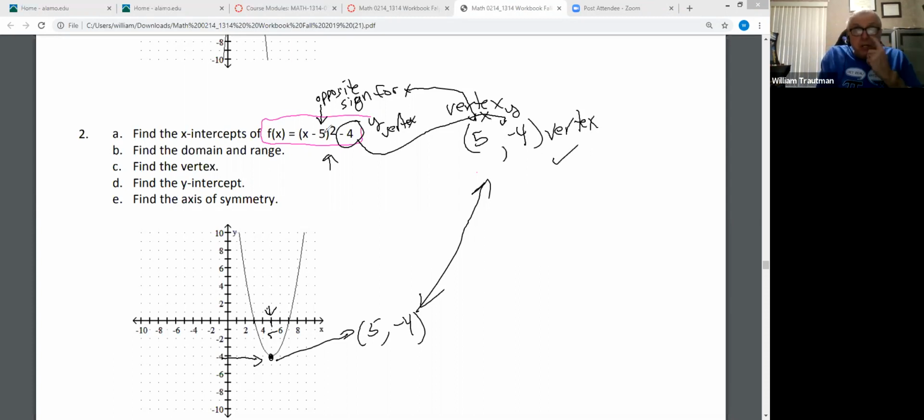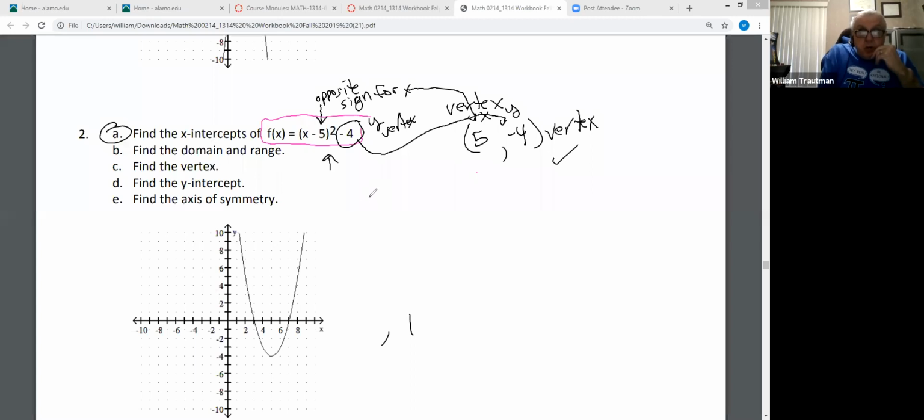Okay, so we're going to keep on going. Let me erase this mess. So that's the vertex. Let's do the x-intercepts. Part A, x-intercept, is where the graph crosses the x-axis. And the x-intercepts, we have two of them. Look, the graph, here's the x-axis.